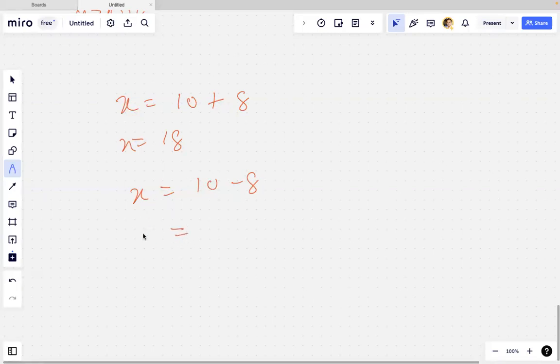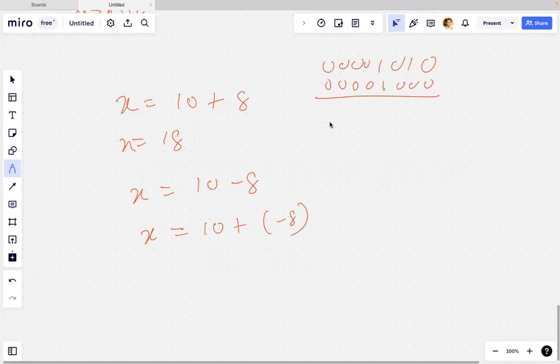The computer rewrites this as x is equal to 10 plus minus 8. If it is a binary stream, 10 is 0 0 0 0 1 0 1 0, and 8 means 0 0 0 0 1 0 0 0. This is how, if you want to add, you can do the binary addition. But if you use the minus, the computer doesn't use subtraction.